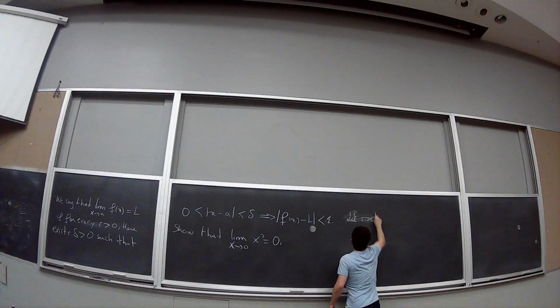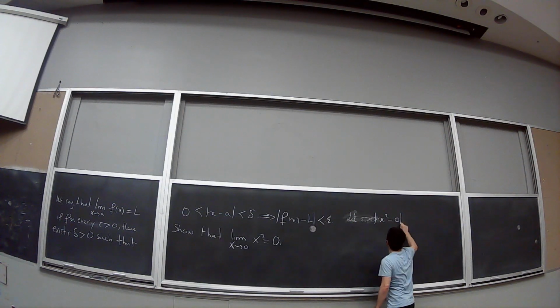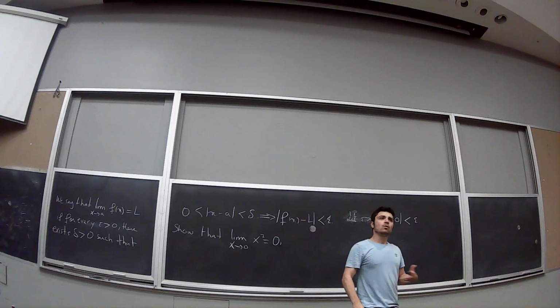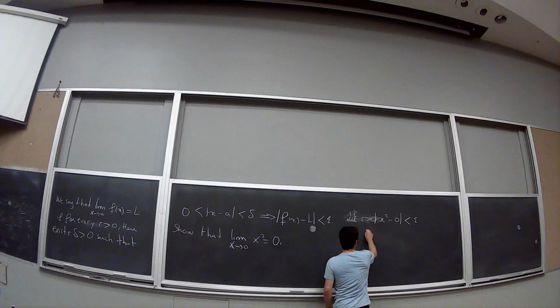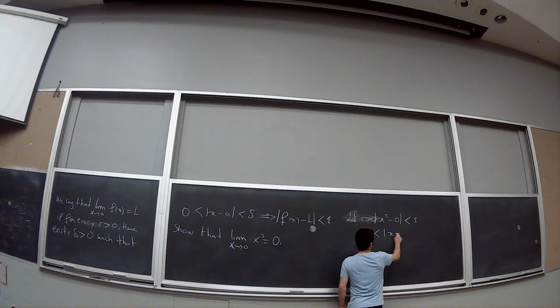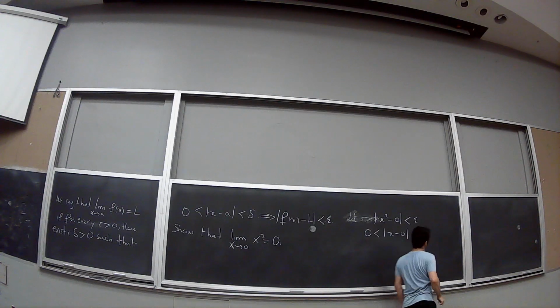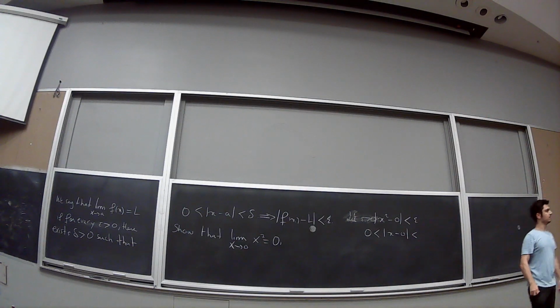Let's do it this way. I want x squared minus 0 to be less than epsilon. What's one way of picking x minus 0 if epsilon is positive? Let's say epsilon is 1/4, for example.